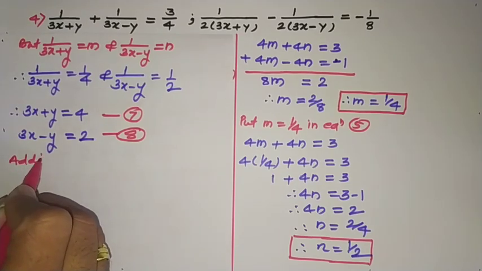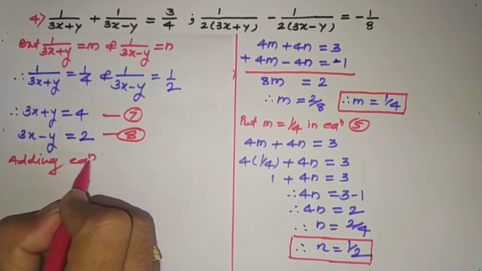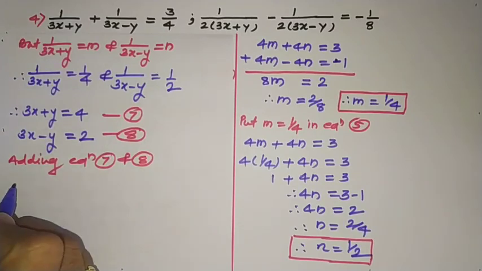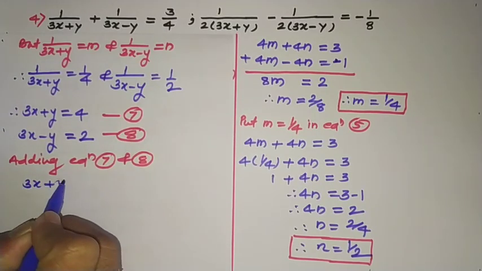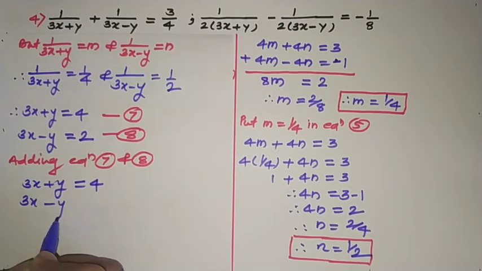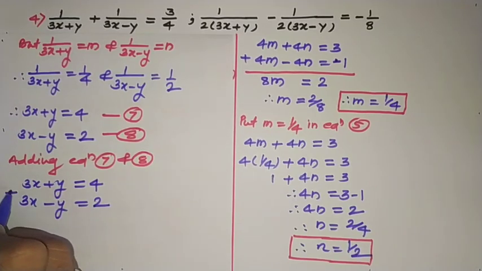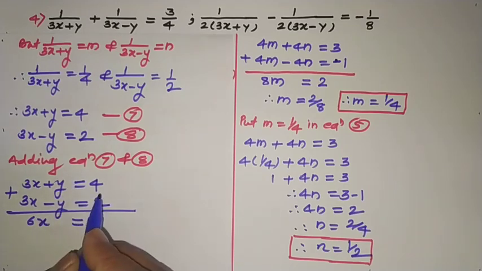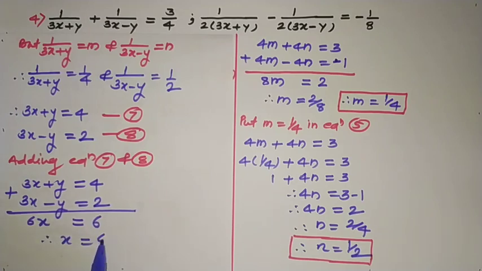Adding equations 7 and 8. Here 3x plus y is equal to 4 and 3x minus y is equal to 2. Adding these two equations, 3x and 3x is 6x, y variable is eliminated, 4 and 2 is 6. Therefore value of x is 6 upon 6. The value of x is equal to 1.